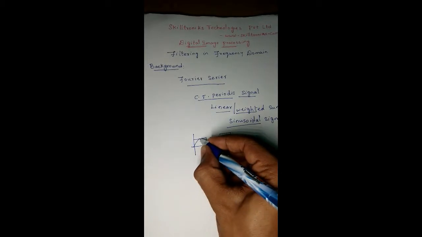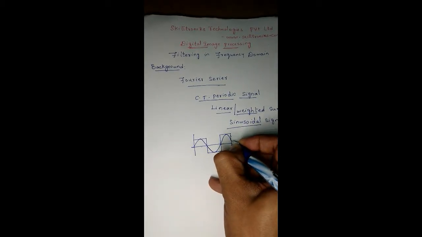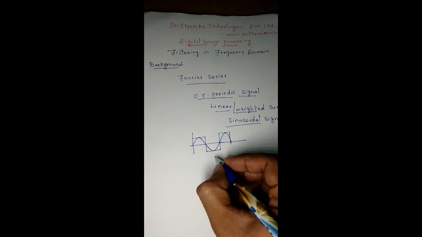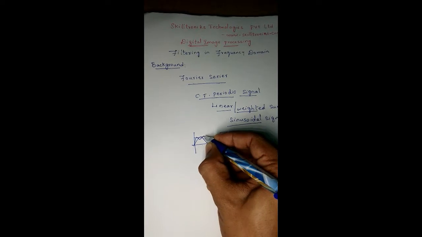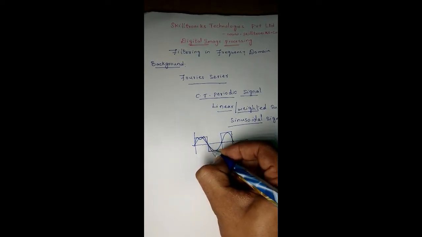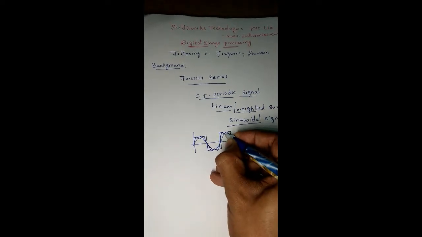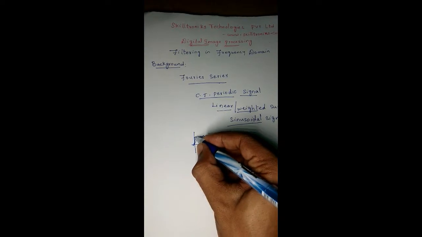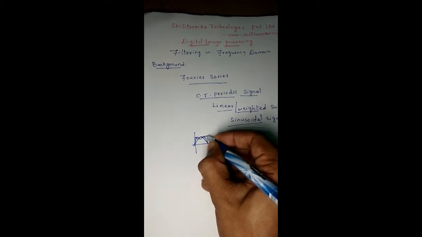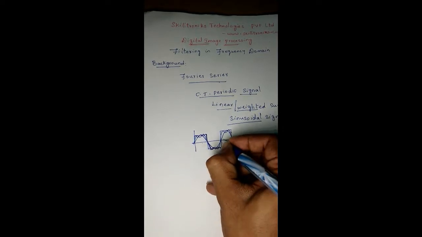Let us say this is the sinusoidal signal with a fundamental frequency f0, and this is a sinusoidal signal with a frequency of 2 times f0, and this is one more sinusoidal signal with 3 times the fundamental frequency.